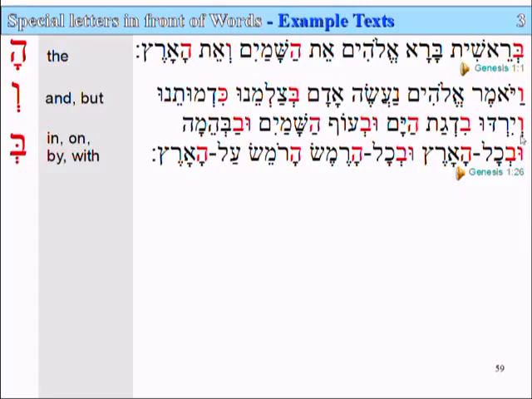V'yardu, and let them have dominion, b'dagat, on the fish, hayam, of the sea, uv'of, and on the birds, here's the vav, meaning and, and here's the bait, meaning on, and here's the actual noun, the of, the birds, ha-shemayim, of the heavens.